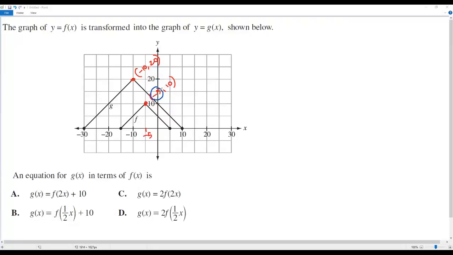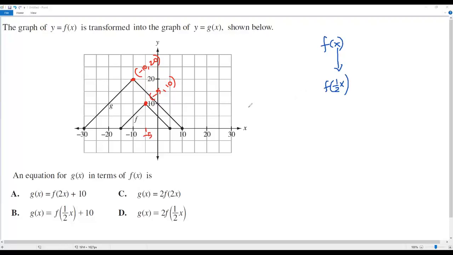That is, if I multiply the x-coordinate at the vertex of f by 2, I get the x-coordinate at the vertex of g. So this clearly shows a horizontal stretch by a factor of 2. Since there is a horizontal stretch by a factor of 2, I need to multiply x by 1/2 in the function f. So this is f of x here.